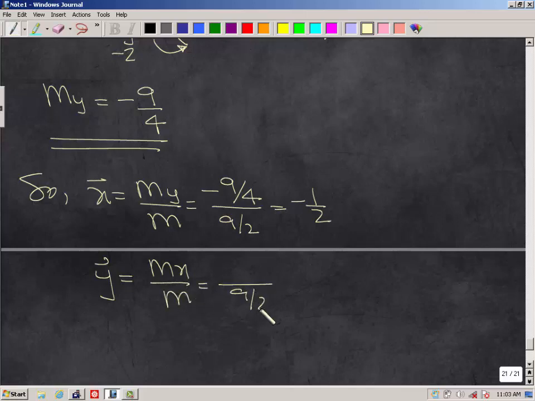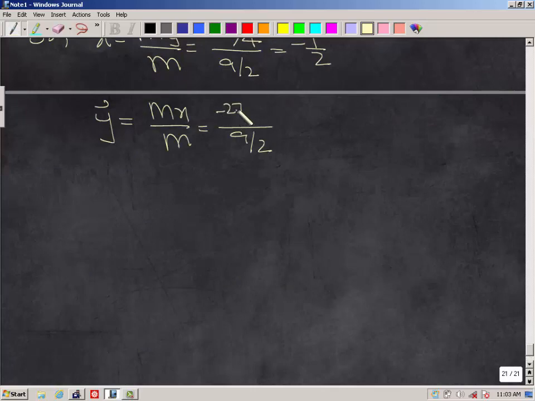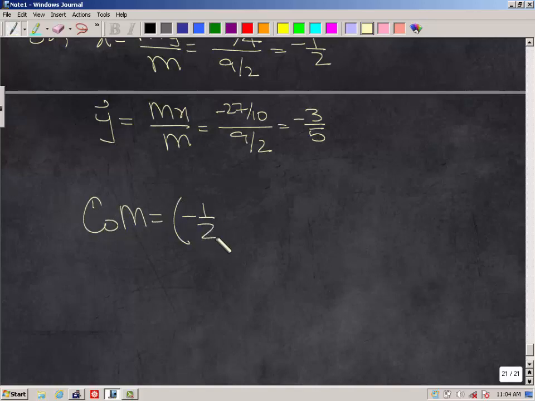M is 9/2 and m sub x was negative 27 over 10. So we'll get 5 and 3, so we get negative 3/5, which is negative 0.6. So my center of mass, my final answer, is going to be negative 1/2 and negative 3/5.